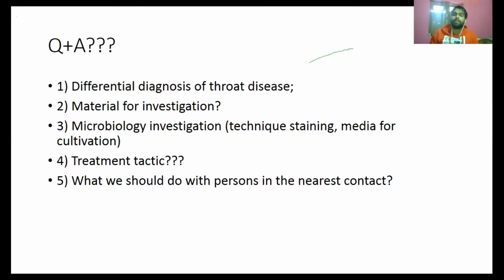When we prepare cultures on medium, before it you should prepare the microscopy. Smear stained with methylene blue, and then we see under the microscope.